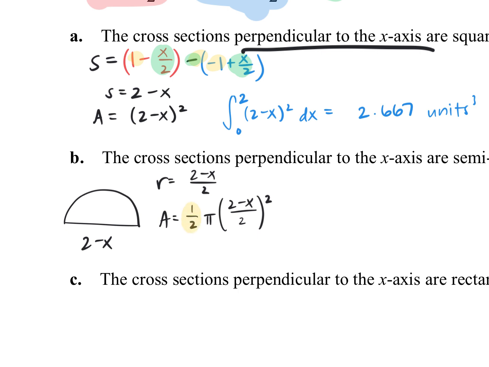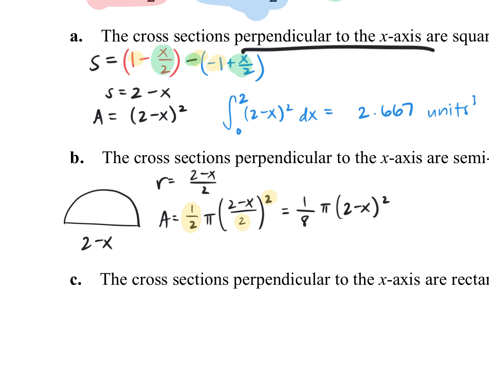So I'm going to have 1/2, and then I have another 1/2 squared. If I pull that out, I'm ending with a 1/8, right? So this is equal to 1/8 pi times 2 minus x squared. Okay with that pulling out? Okay.